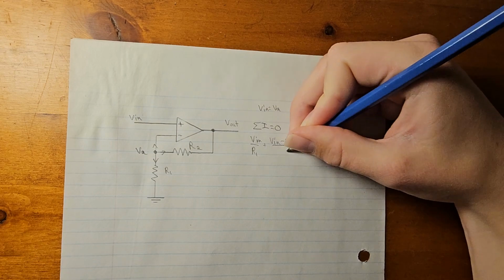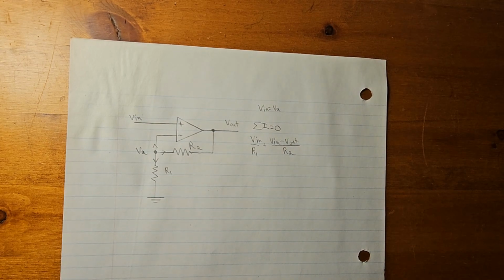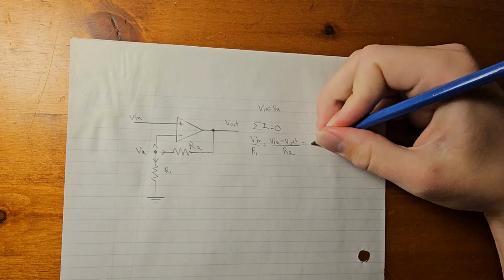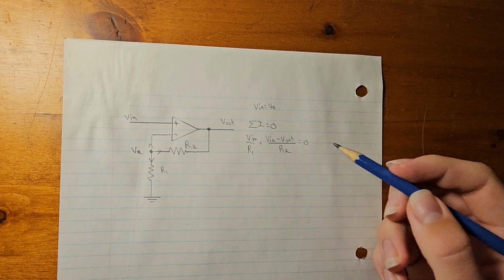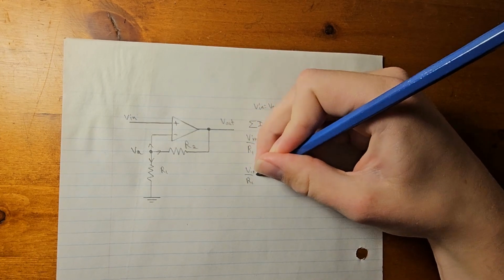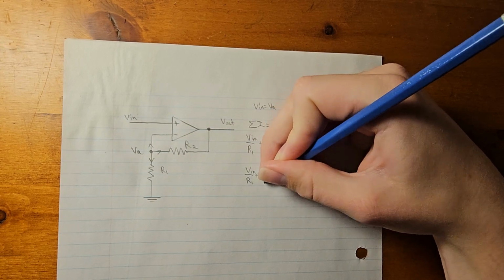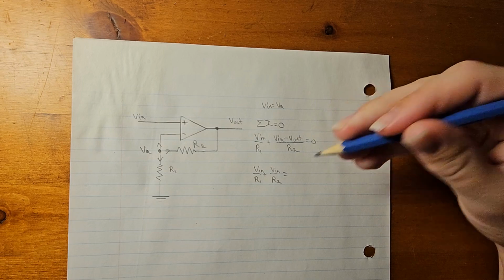So, based on this, we can actually find what Vout is. And this has to be equal to 0. So what we could do is add Vout to both sides, and we get that Vn over R1 plus Vn over R2 has to be equal to Vout over R2.